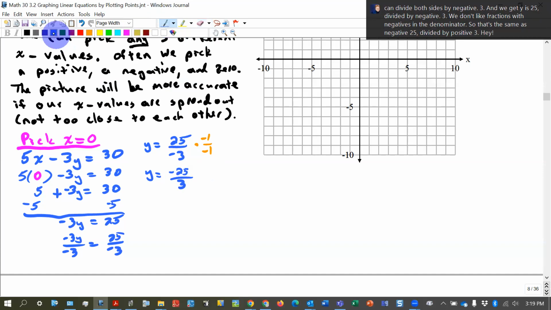And in order to graph a fraction, if it's improper, we need to make it a mixed number. So this is going to be the negative of the mixed number. Well, 3 times 8 is 24. So this is 8 1/3, the negative of 8 1/3.